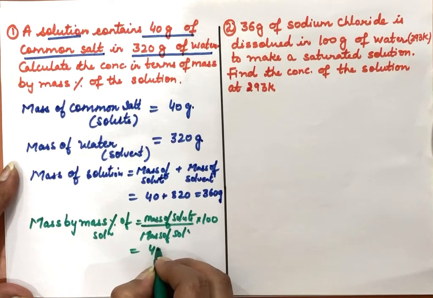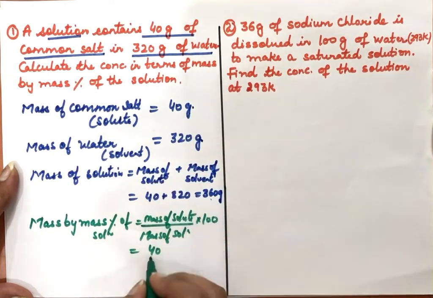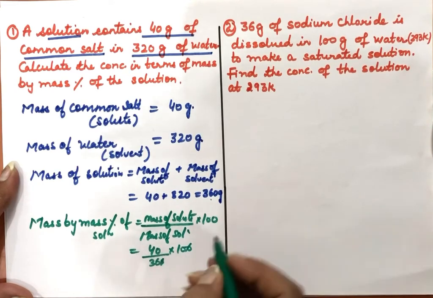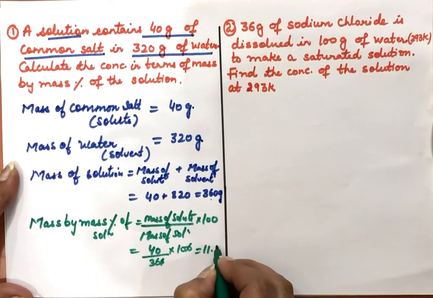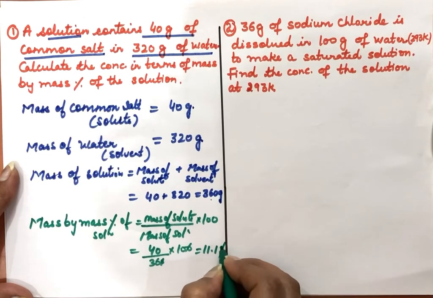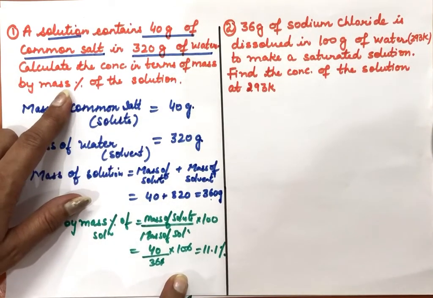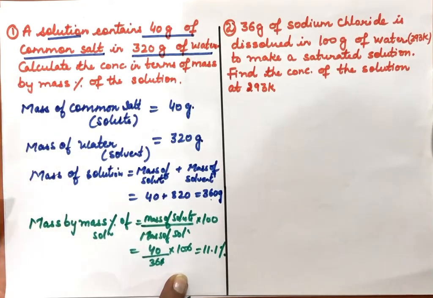Mass of solute is 40 and mass of solution is 360. After solving this, we will get 11.1%. So this is the concentration of solution. We have calculated the concentration using the masses of the solute, solution and solvent.